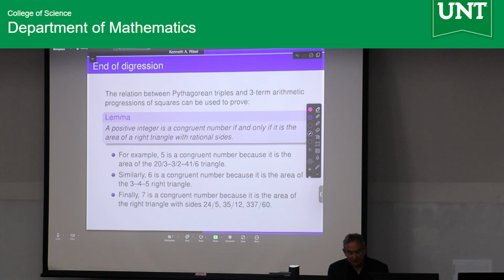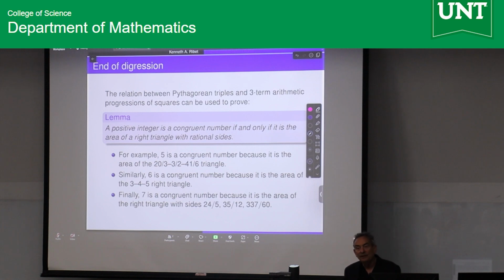If you multiply those two numbers together, you get 10, but it's 1/2 ab, that's the area, so that gives you the 5. But of course, what you have to do is verify that the square root of (20/3) squared plus (3/2) squared is actually a rational number. It is, it's 41/6.